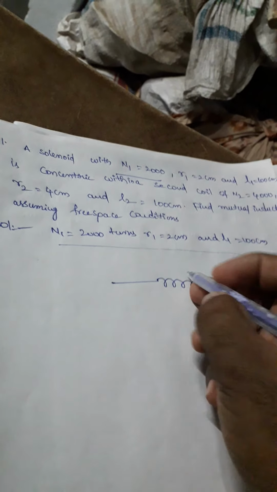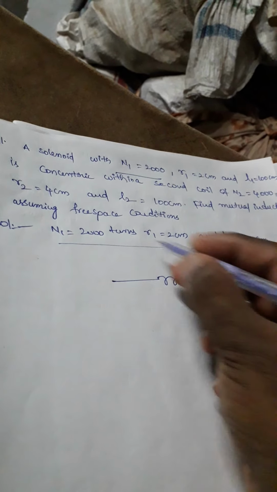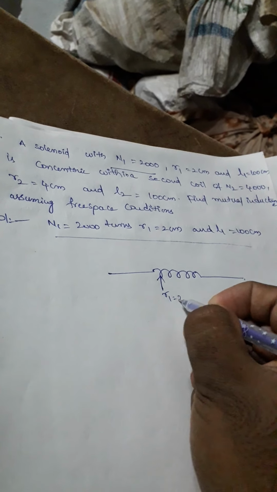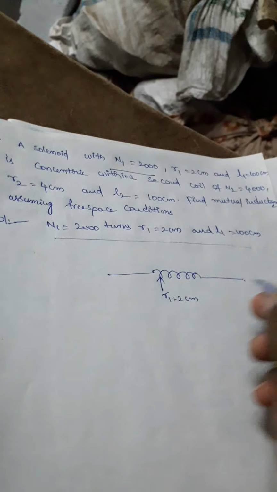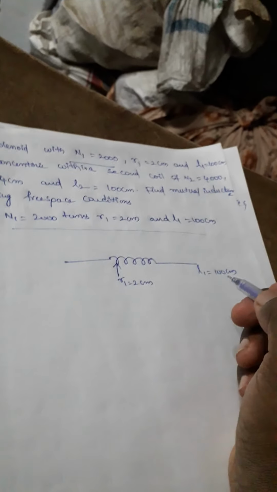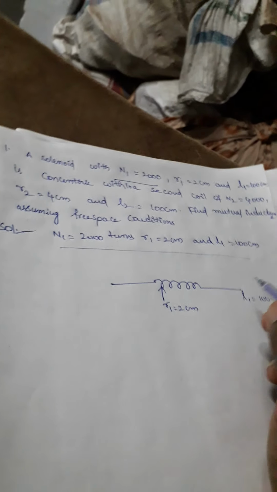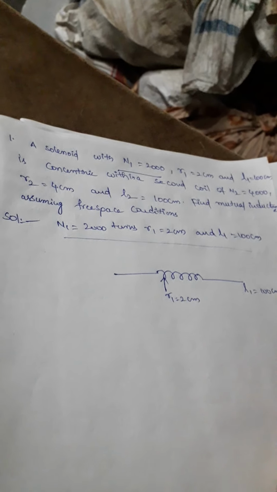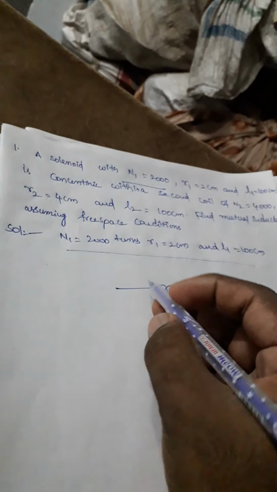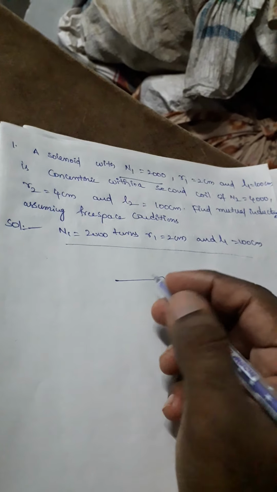This solenoid has N1 equal to 2000 turns, cross-sectional radius R1 equal to 2 centimeter and L1 equal to 100 centimeter. This solenoid is concentric with the second coil or second solenoid. Concentric means those two have the same center.